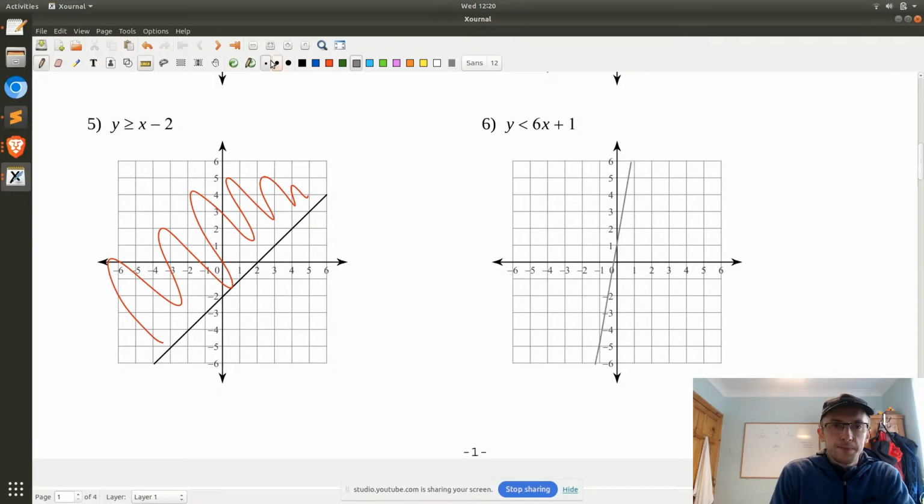Like that. And what about the origin? Is 0 less than 1? True. Thus, shade in the corresponding side. Fine.